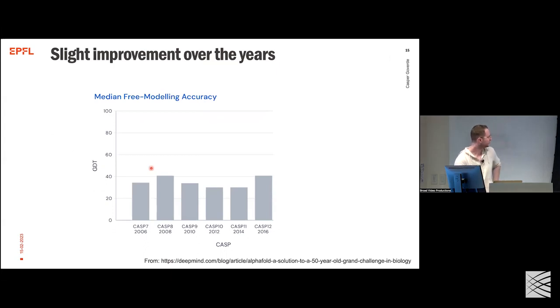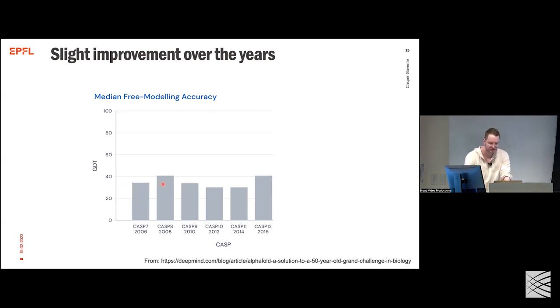So as you can see, over the last few years, the CASP progress has been more or less limited. It's been stuck on a plateau. So GDT tells you something about how accurate the predictions are of the best group.